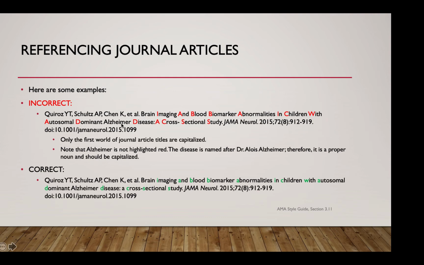So the disease, Alzheimer's disease, is named after a physician, so that is considered a proper noun, so it would be capitalized. In the corrected area, you will see that imaging, blood, biomarker, all of those words are written with small letters, with the exception of Alzheimer's because it is a proper noun. And in the end, there is no period after the DOI. The journal name is abbreviated and italicized.